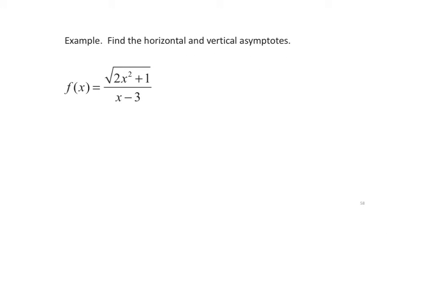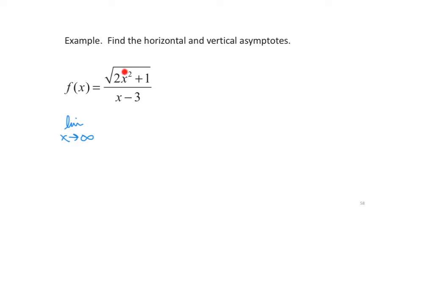What we need to think about, when we're deciding what the highest power of x is in the numerator and the denominator, is that we have x squared inside of a square root.